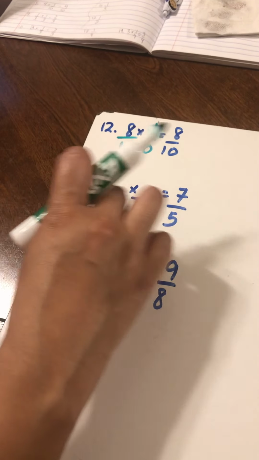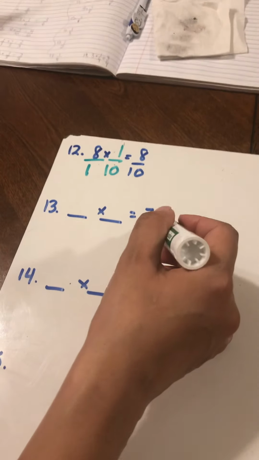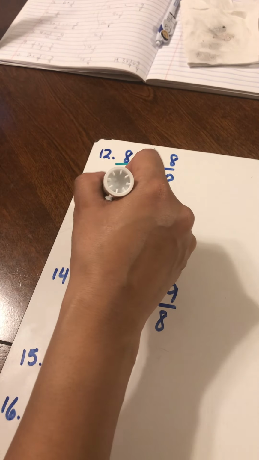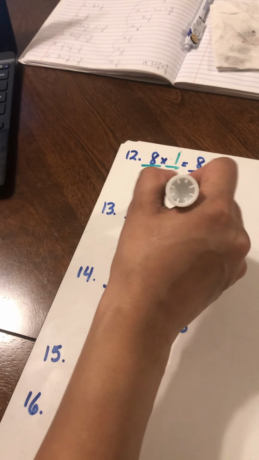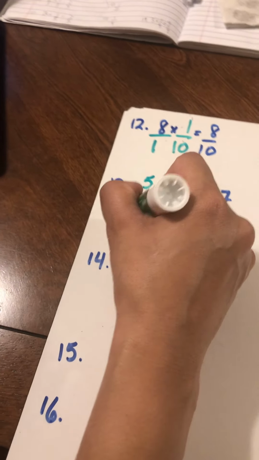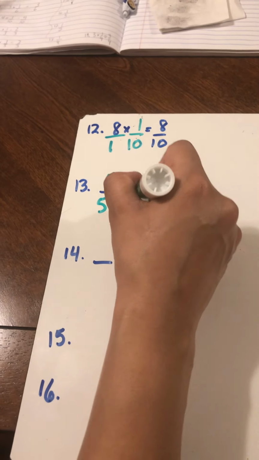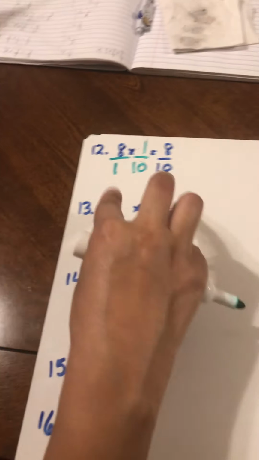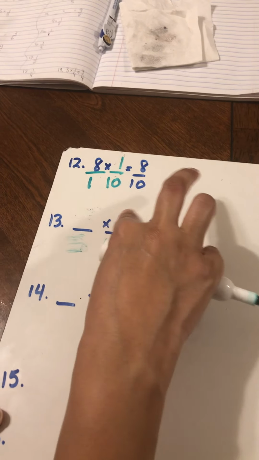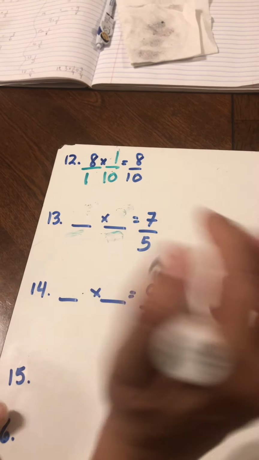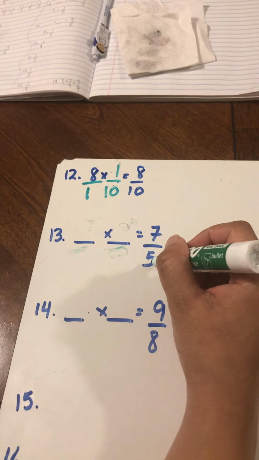So what two numbers could you multiply to get 7/5? Some students wrote, for example, 5/5 and 2/5. But this is multiplication. So if we look at the denominator, we see that there's a 5.